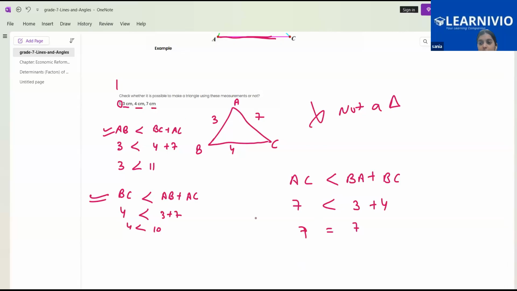You have to confirm all the three parts. First you will take AB, then you will take BC, then you will take AC, all the sides. You can see here AC, BC, AB, right? And if any of the conditions is not satisfied, then it is not a triangle. Ma'am, in the exam they can trick us.